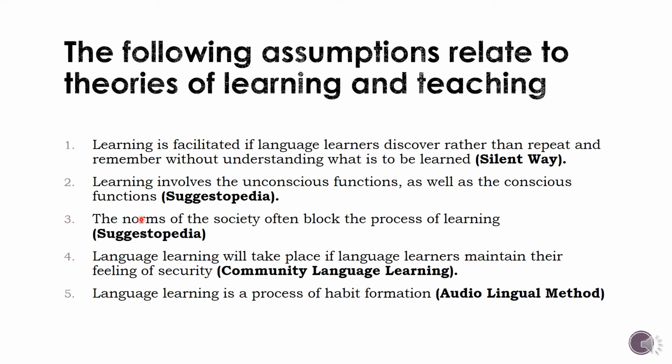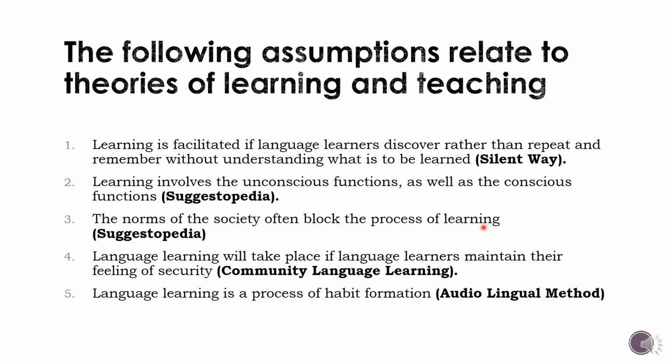For example, you are walking on a street and you see some English words on a billboard, and you identify the meaning from the text. Then the learning would be considered subconscious. And under Suggestopedia, the norms of the society often block the process of learning.